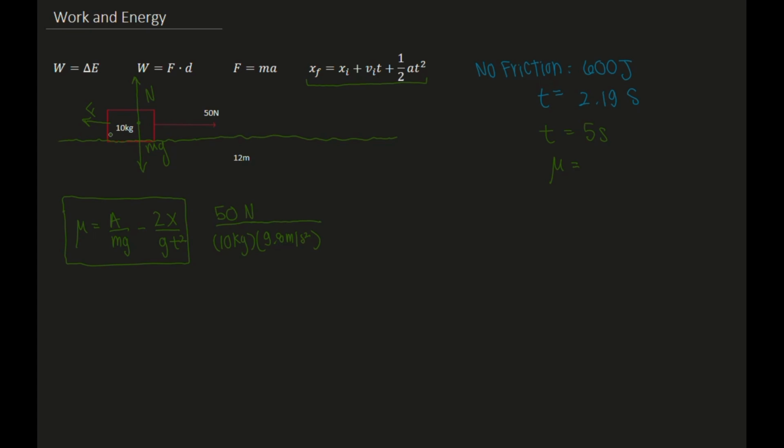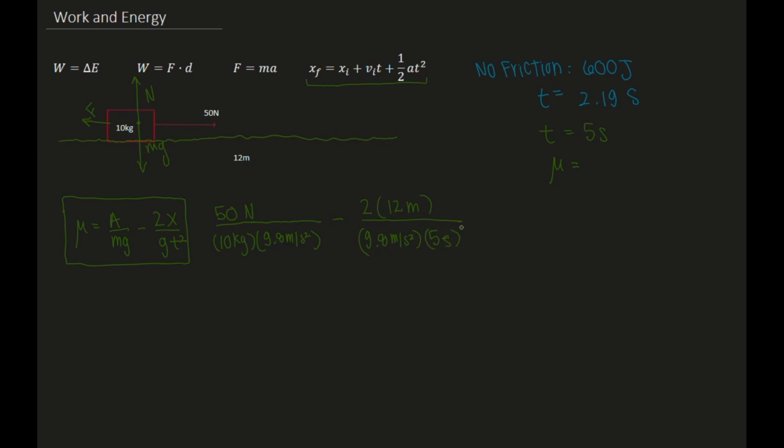So then I'm going to subtract from that 2 times my distance, which is 12 meters, over the 9.8 meters per second squared, times that time squared, which in this case took 5 seconds. I want to find the frictional coefficient if it takes 5 seconds applying the same force. So this is now 5 seconds squared.